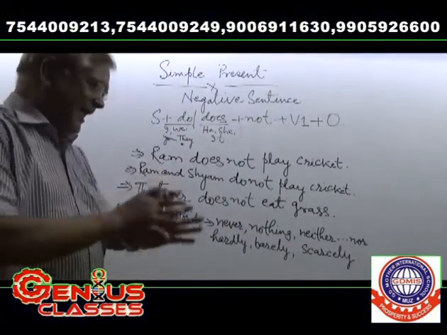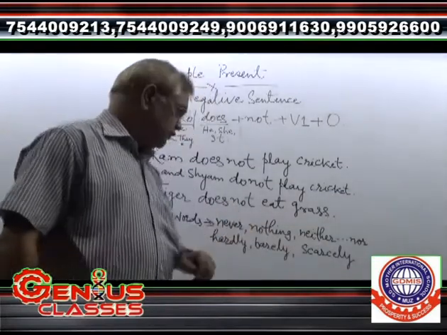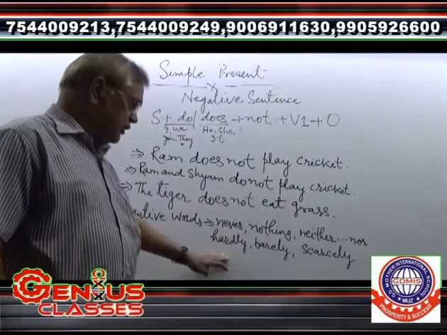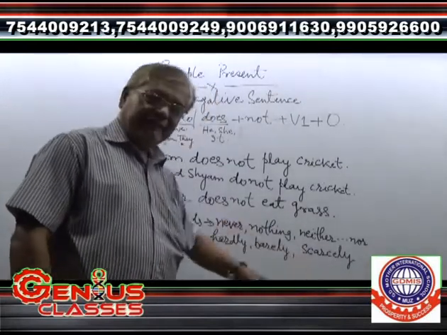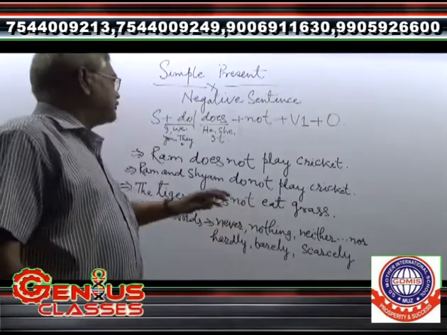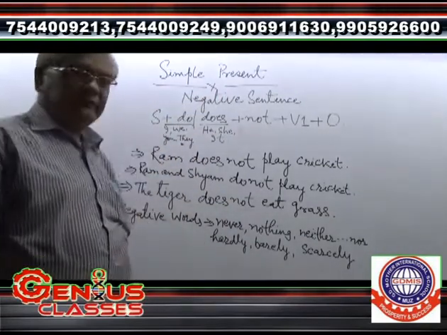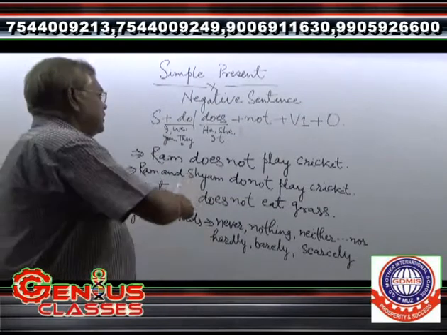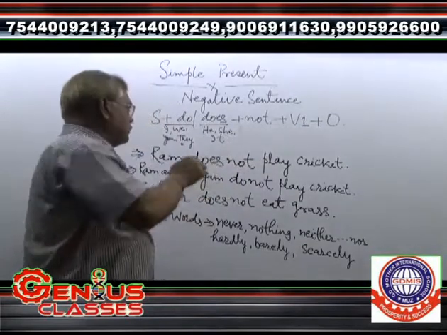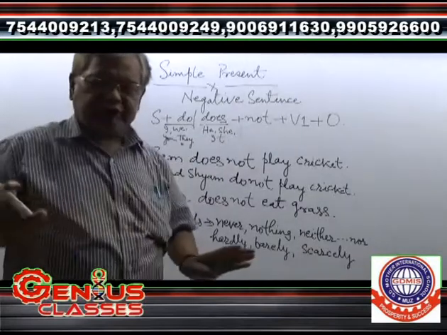So in a sentence, if we use these words, nothing, never, neither nor, hardly, barely, scarcely, as negative words for a negative sentence in the simple present tense, then the helping verb and not, the two words, are not applied.